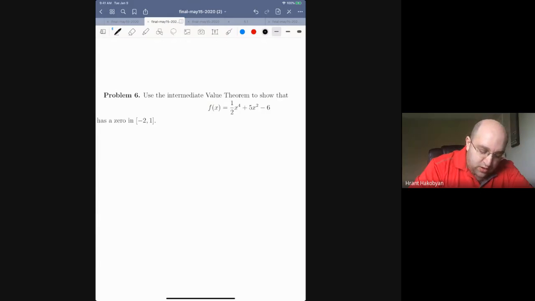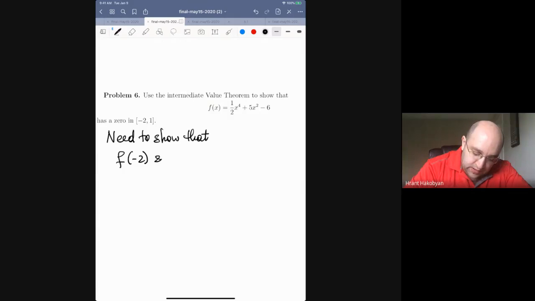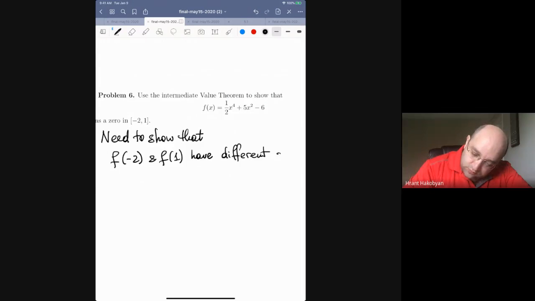So all you need to show is that f of -2 and f of 1 have different signs. So what does that mean?